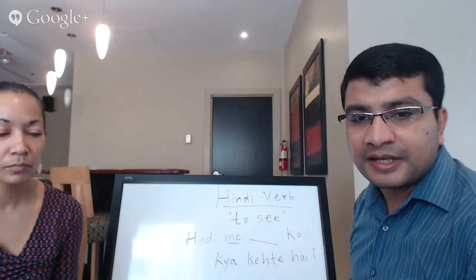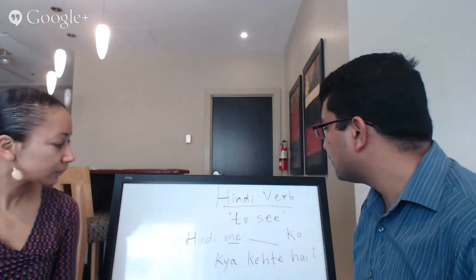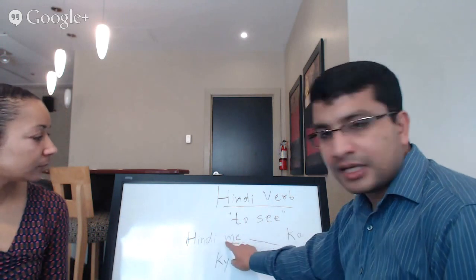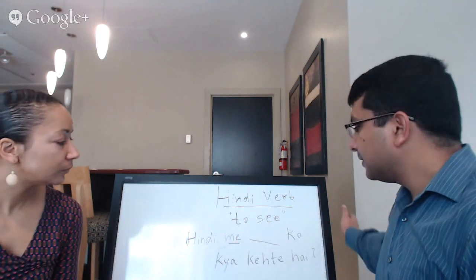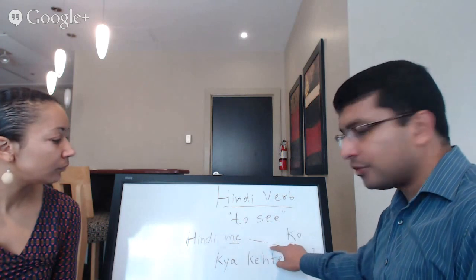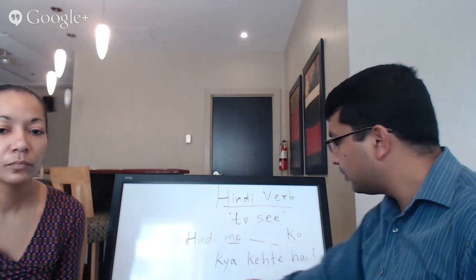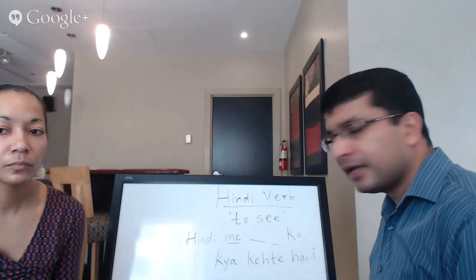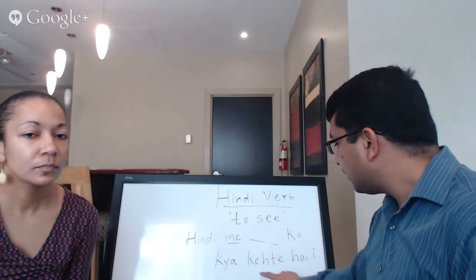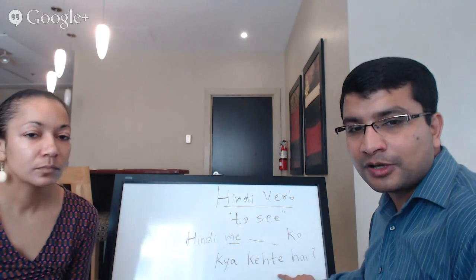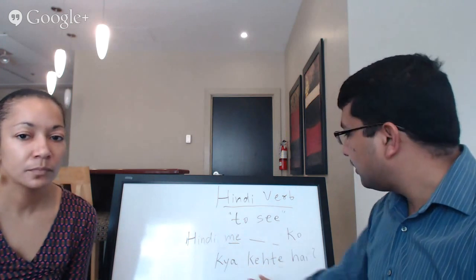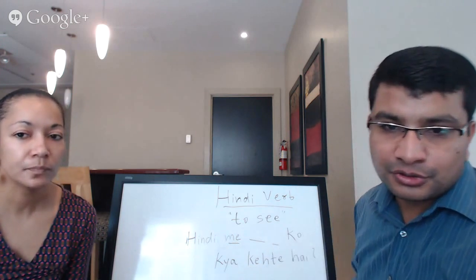I'll repeat that again in case it is not very visible on the screen. Hindi में, in Hindi, and then you put your verb here, to see, and को क्या कहते हैं? Okay. कहना is also a verb, which is to tell, but this formula will be used throughout our class.